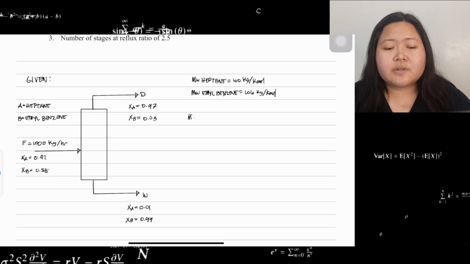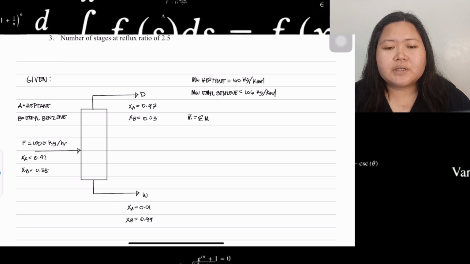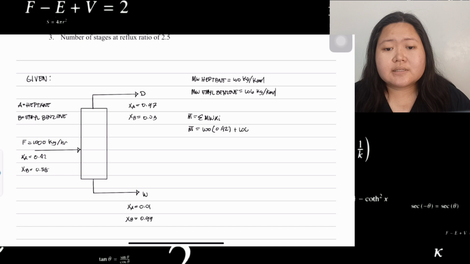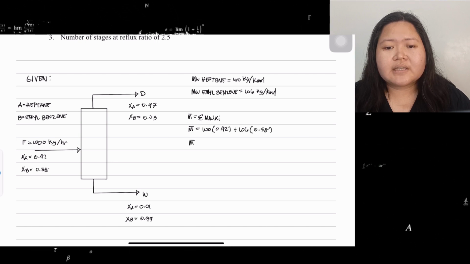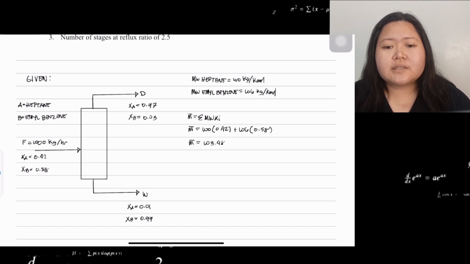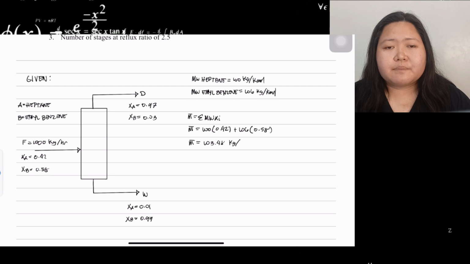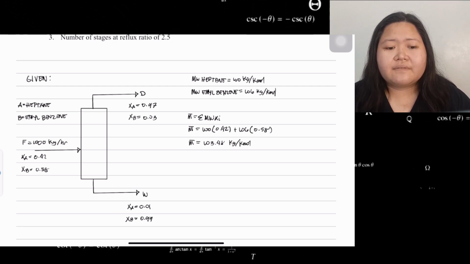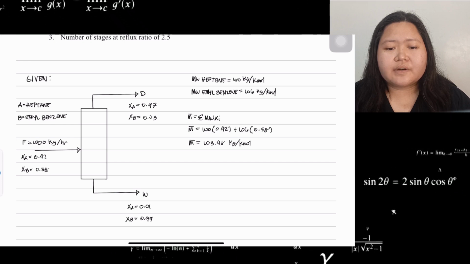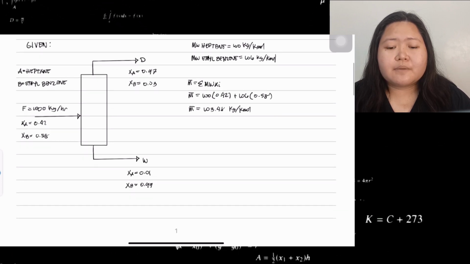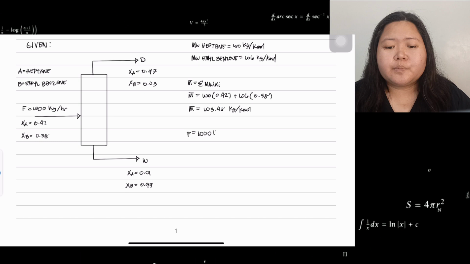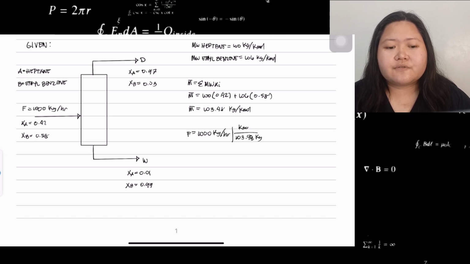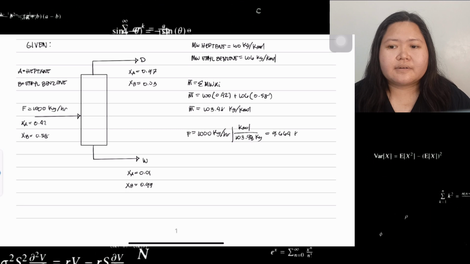So the average molecular weight is equal to 100 times 0.42 plus 106 times 0.58, which is equal to 103.48 kg per kmol. Now that we have the average molecular weight, we can convert the 1000 kg per hour feed to kmol per hour, and that is equal to 9.664 kmol per hour.